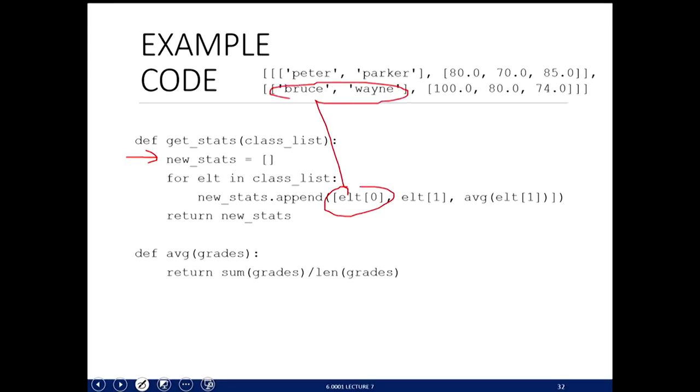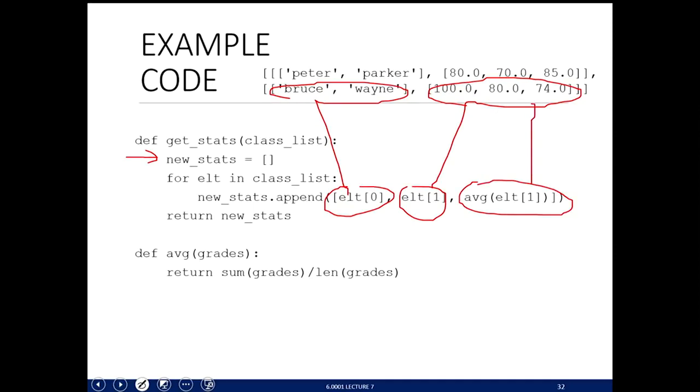So it's going to be the first name and the last name. Element at 1, which is the grades. And then the last thing I'm appending is a function call. The function call being called with element 1, which is all of the grades. And this is my function call. We're going to see 3 different function calls. Okay, this is the first one. It simply takes the sum of the grades and divides it by the length of the grades.